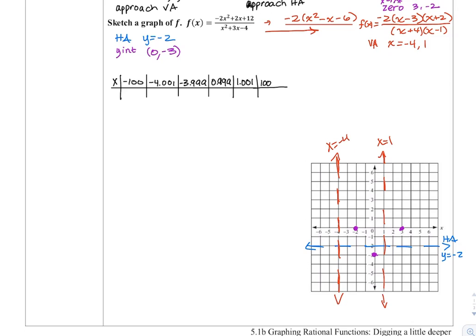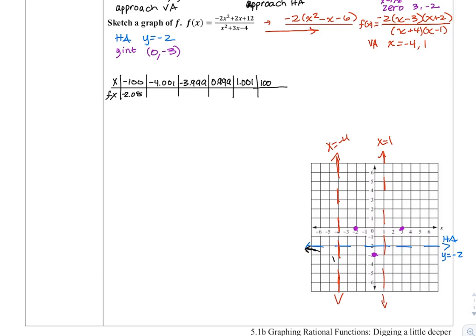Okay, so we've got that all queued up. I'm going to plug in -100 and I get -2.08. So it looks like we are coming at the horizontal asymptote from below -2. So we can say that this graph is going to be approaching the horizontal asymptote from the bottom.